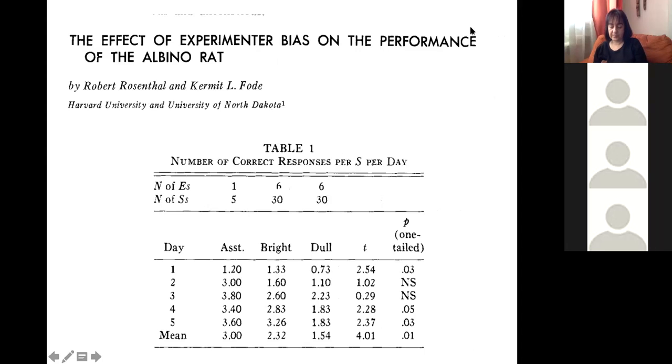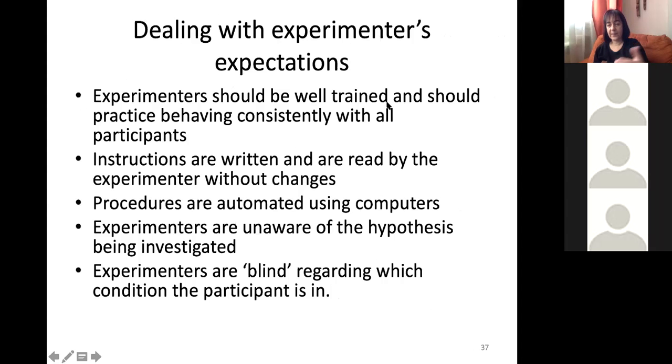And the actual hypothesis of the experiment, in fact, is not taught to the experimenters, because we don't want to bias their results. Also, it is really important to have experimenters that are trained really well, if possible, to use instructions that are written and that are read aloud by the experimenter without changes. Experimenters are not allowed to explain the instructions.